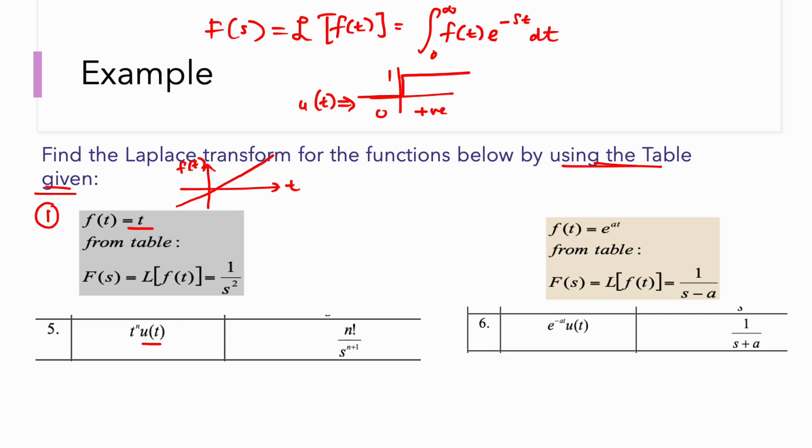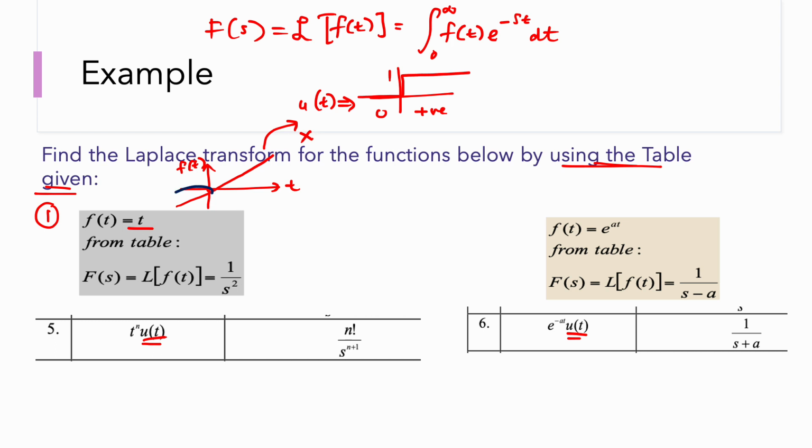Since in your table it is usually multiplied with u(t), what does this mean? This means that this original graph is multiplied with a unit step.